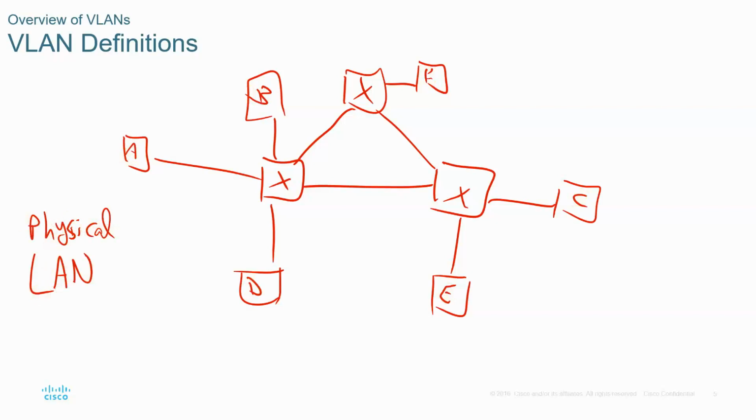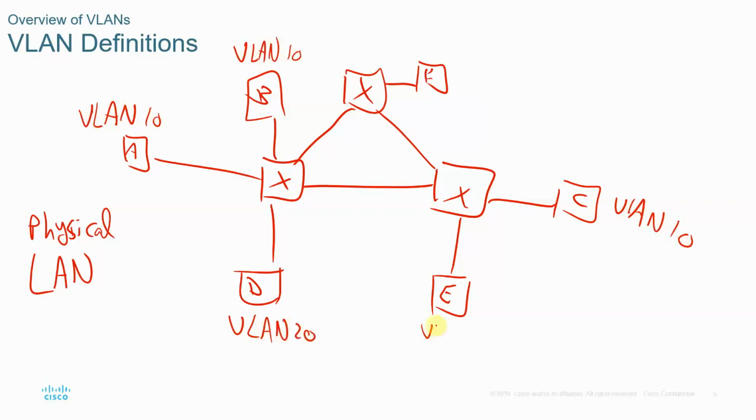Basically, what we do is we create what is called a virtual LAN, a VLAN. Simply, we say that A, B, and C are members of VLAN 10. Let's say we give it a number. Every VLAN is given a number, and the number serves as its ID. So A, B, and C are members of VLAN 10, while D, E, and F are members of VLAN 20.